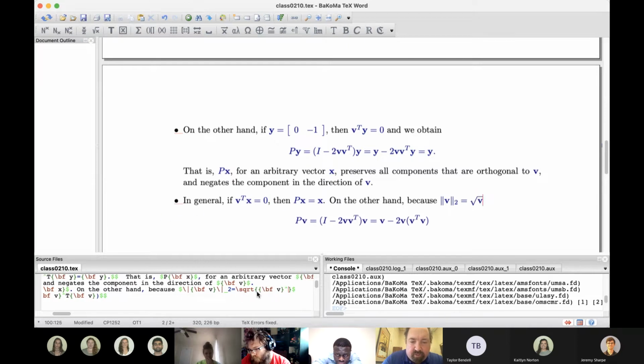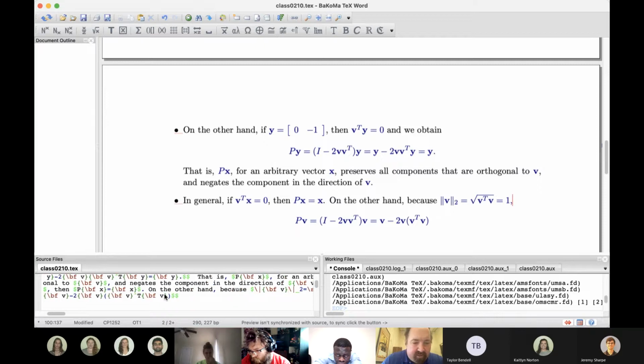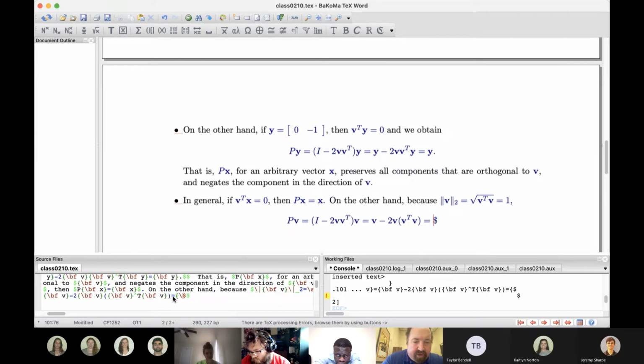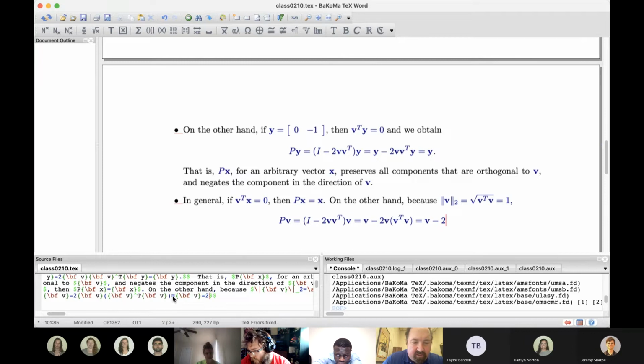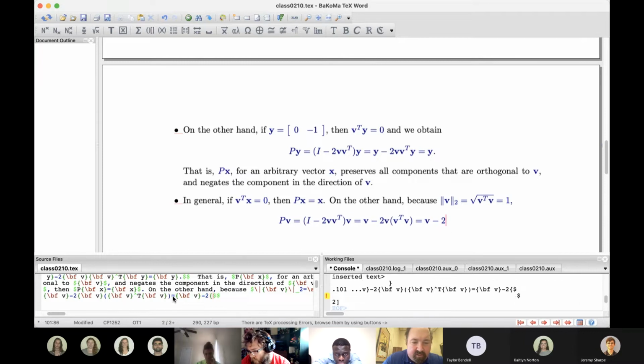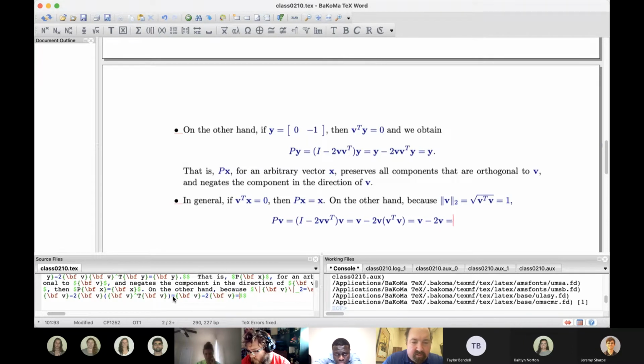Because the 2-norm of v, which is the square root of v transpose v, is equal to 1, then that is 1, and I get just v minus 2v, and it's just minus v.